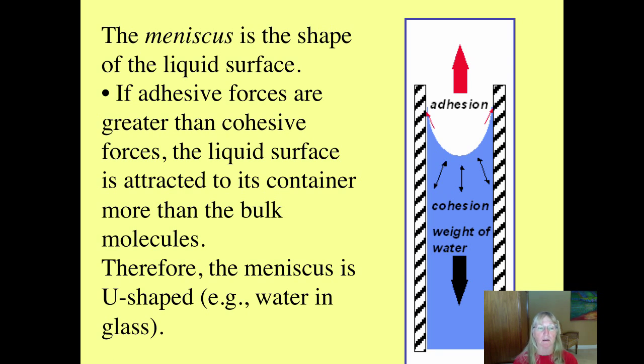And that's why you get this U-shaped meniscus for something like liquid water. In that picture, the adhesive forces must be stronger than the cohesive. Adhesive, the ability of the molecules to be stuck to or attracted to the surface of the container that they're in. Cohesive is the attraction of water molecules to each other.